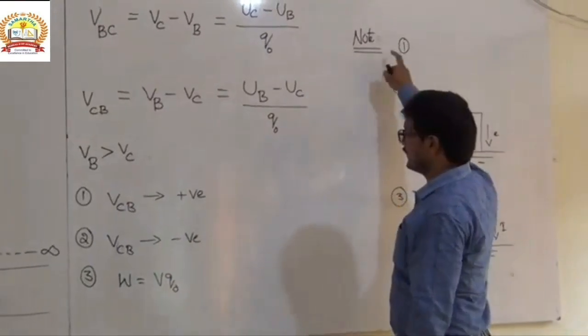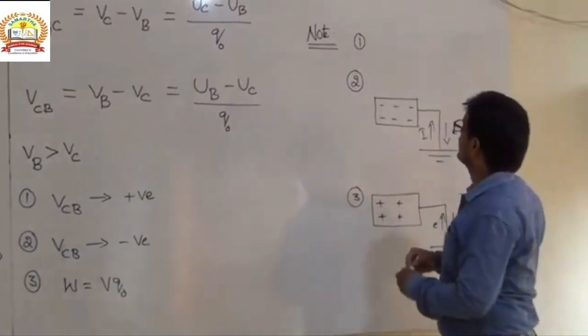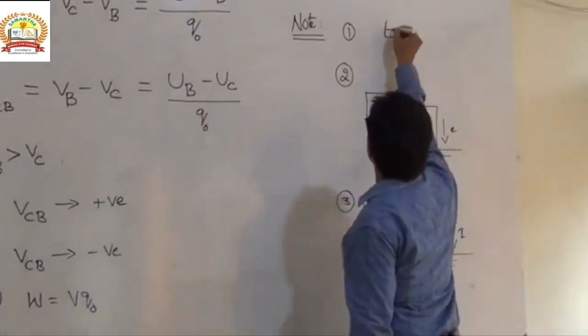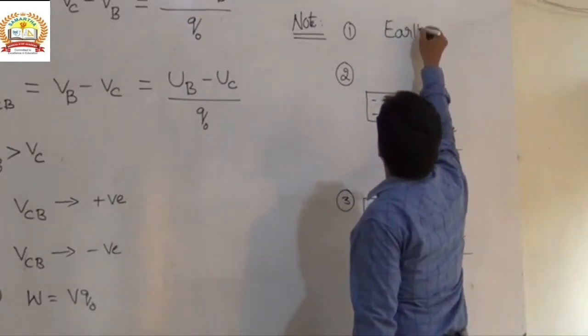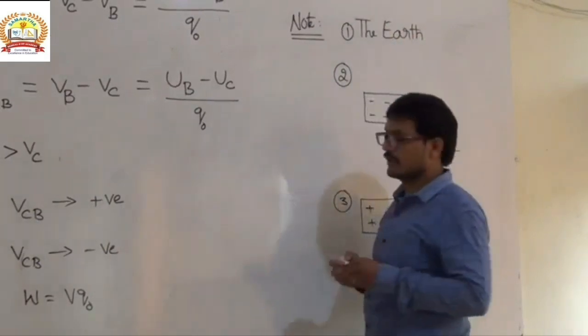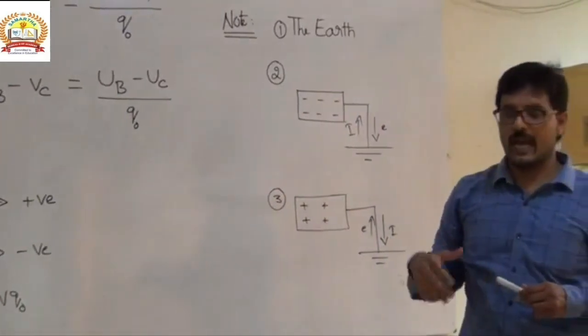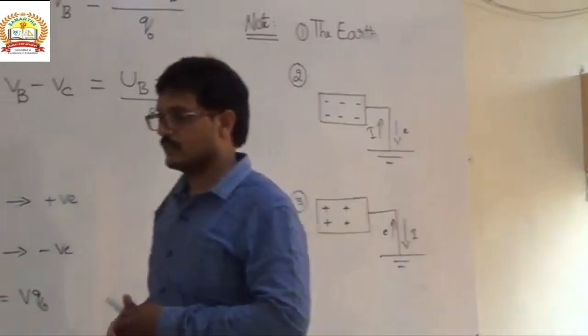And the important points regarding the potential. The earth is considered a huge reservoir. So when we remove some amount of charge or add some amount of charge, there is no change in potential.